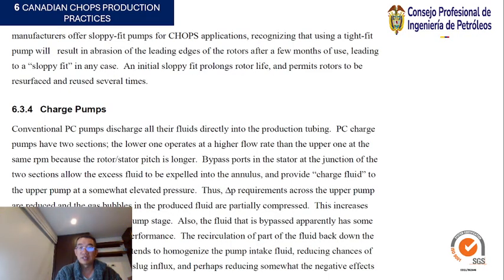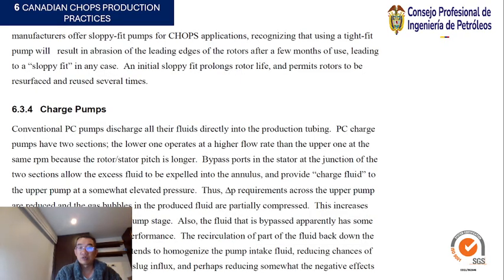Bypass ports in the stator at the junction of the two sections allow the excess fluid to be expelled into the annulus and provide charge fluid to the upper pump at a somewhat elevated pressure.